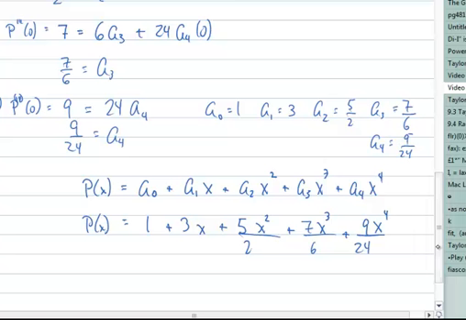And what this means is, if you notice, all of our initial conditions are shown as coefficients.